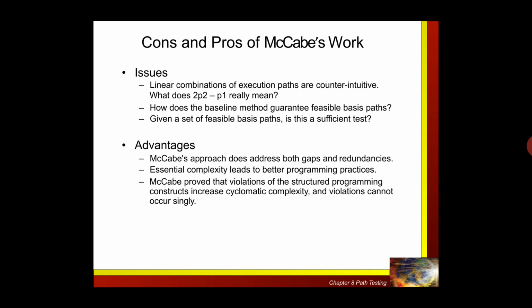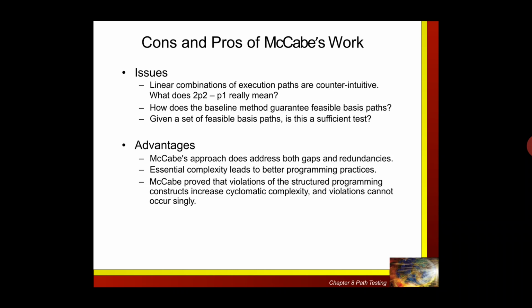The second issue is how the baseline method guarantees a feasible basis path. Of course, in one or two problems, or in most problems, you can achieve that, but you can't guarantee that in every possible situation you will find the solution using this basis path approach. That's why it doesn't guarantee this.